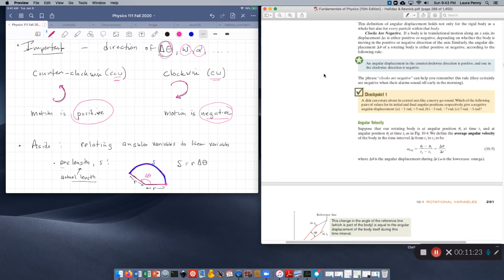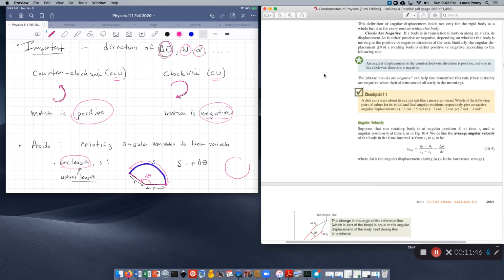An arc is this part of a circle. If it was the whole circle, it would be the circumference, and we'd say 2 pi times r. Well, 2 pi would be the delta theta of a whole circle.